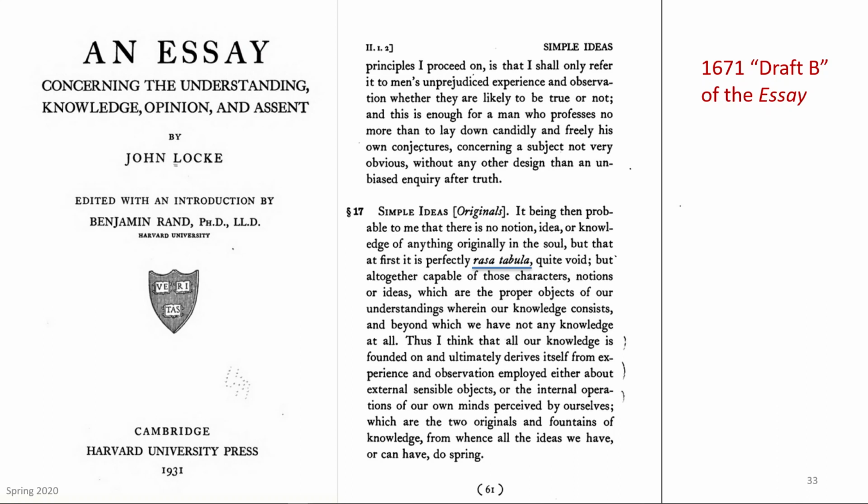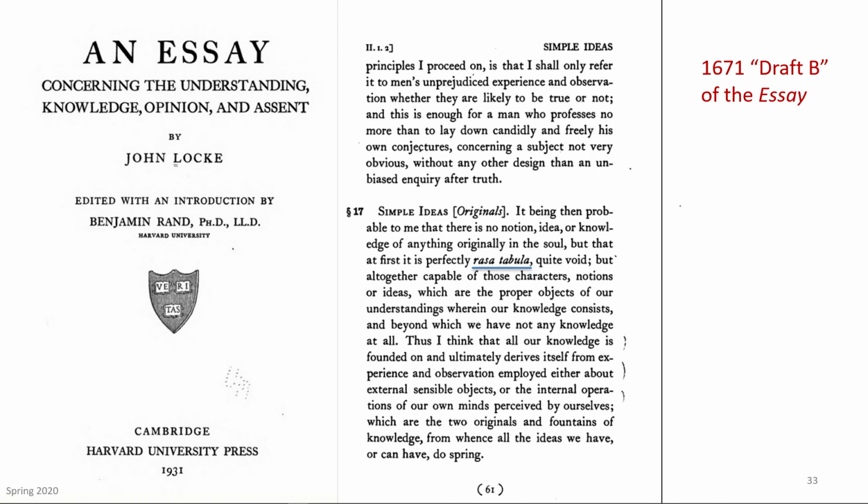And it's interesting that in an early draft of the essay, Locke actually did use a version of this term tabula rasa. This is in what's called draft B of the essay from 1671. You remember that he finished the essay in 1689. Here he says, very similar to the claim in the published version in Book 2, Chapter 1, Section 2, "Let us then suppose the mind to be, as we say, white paper, void of all characters, without any ideas."